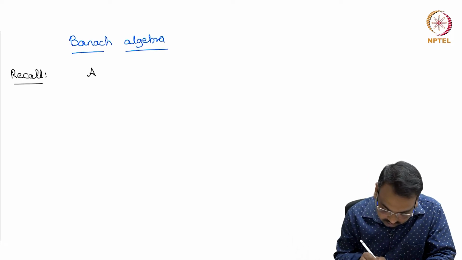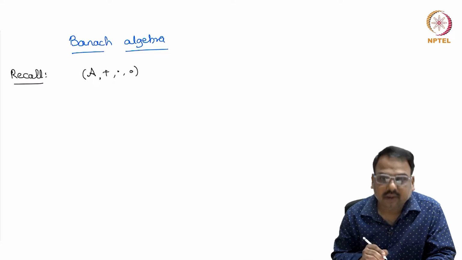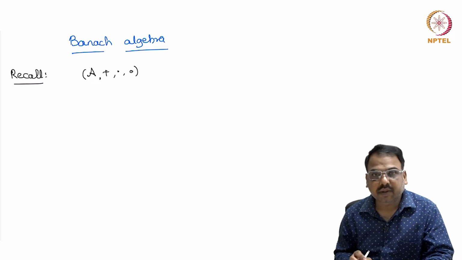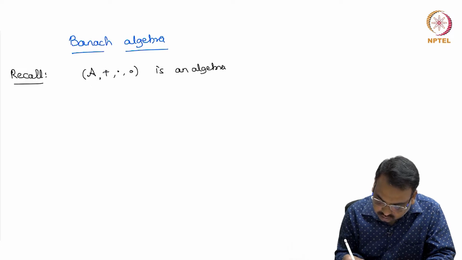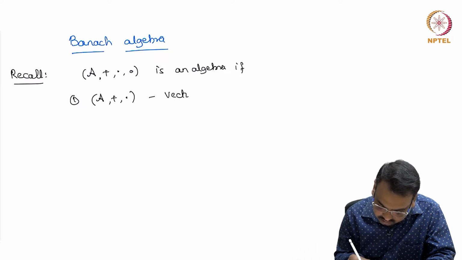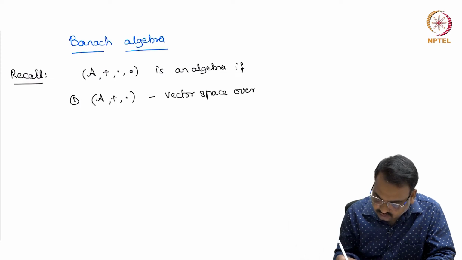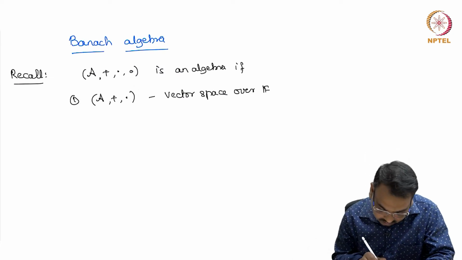So we say (A, +, ·, ∘) with three operations is an algebra if (A, +, ·) is a vector space over the field F. In our case we consider only the complex field.